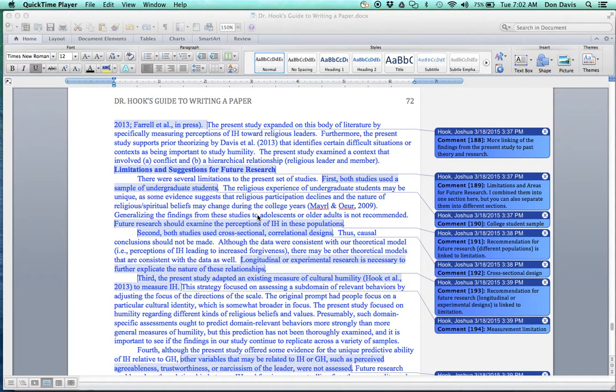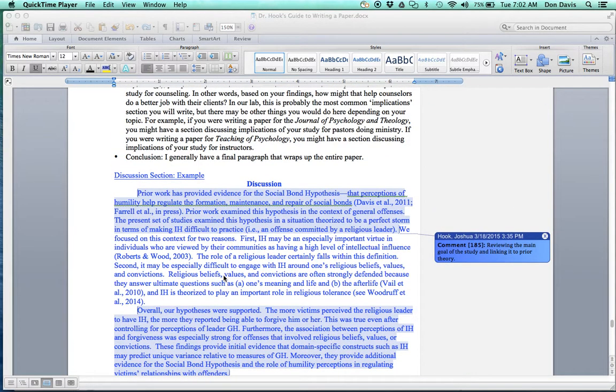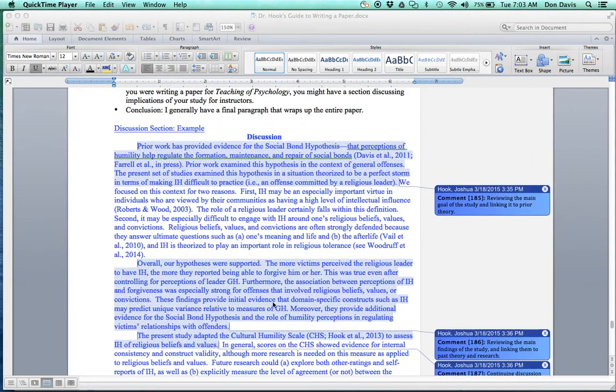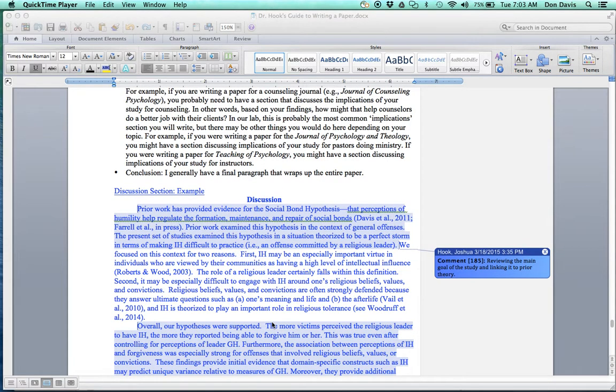One thing I have found is if it's really hard to write these first several paragraphs of your discussion, it might be a sign that the paper's not very good. If you don't have a fairly good story about why it's important and its implications, then it could be that you need to go back and look at the analysis, or just think of a different way of spinning what you're doing.